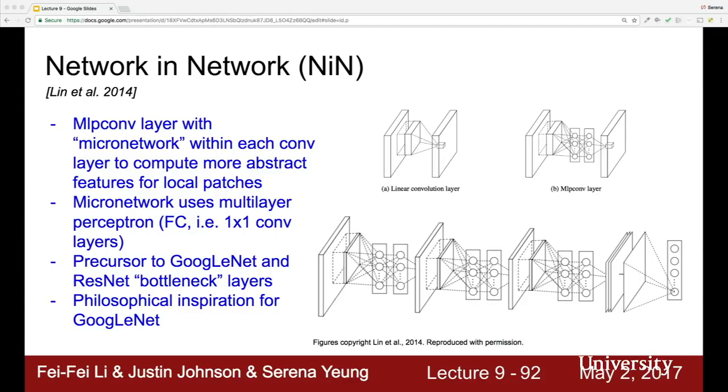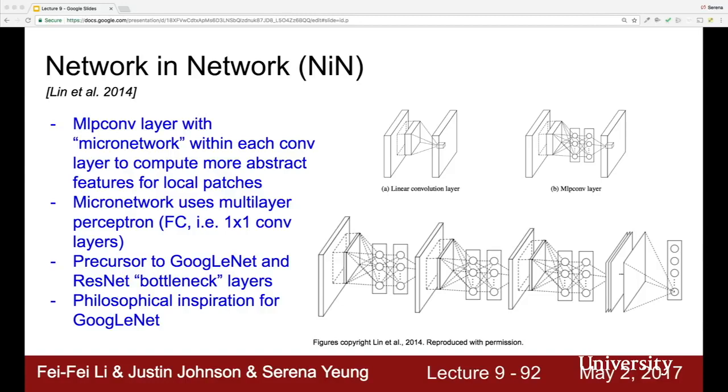Within each conv layer, it stacks an MLP with a couple of fully connected layers on top of just the standard conv, to be able to compute more abstract features for these local patches, right? So instead of sliding just a conv filter around, it's sliding this slightly more complex hierarchical set of filters around and using that to get the activation maps.